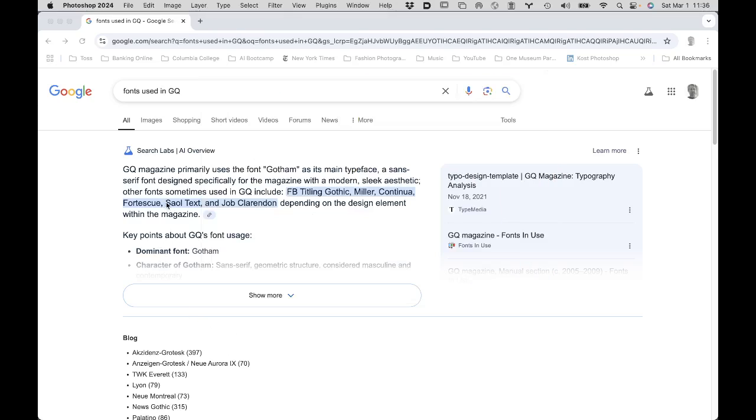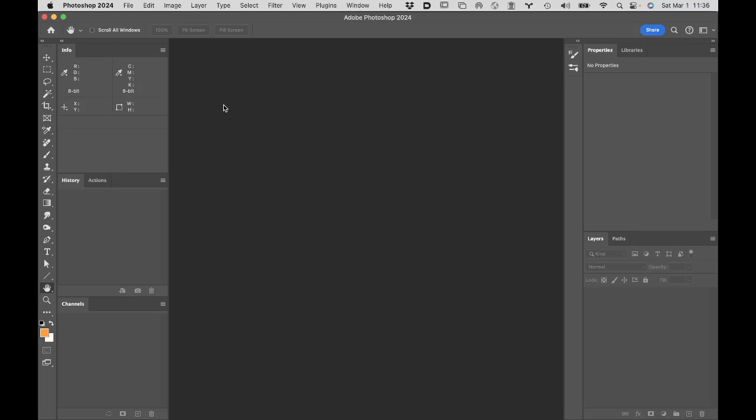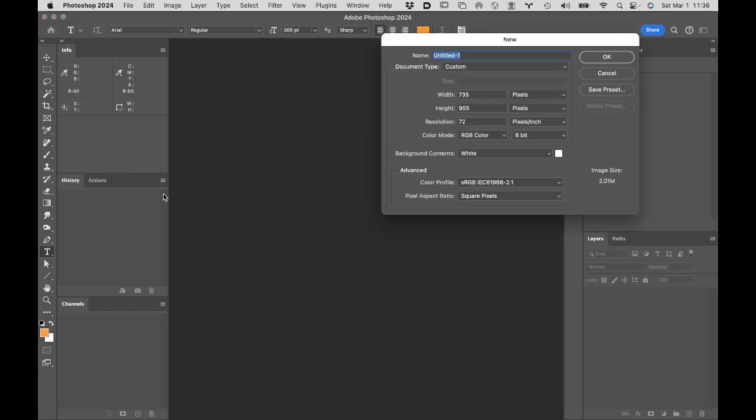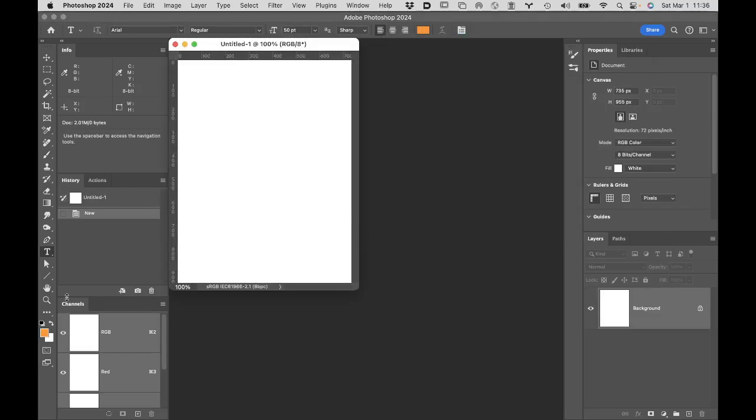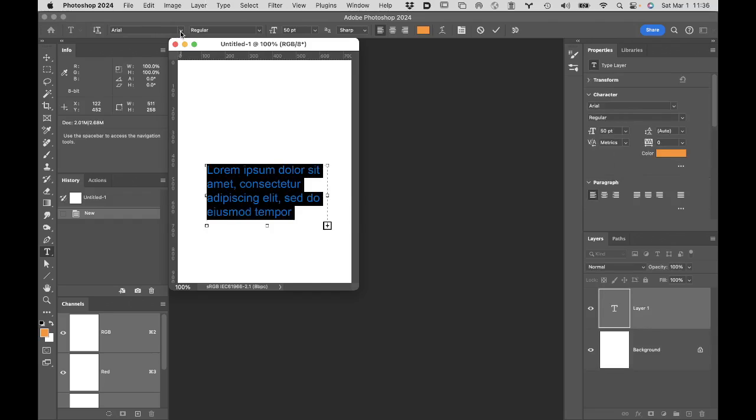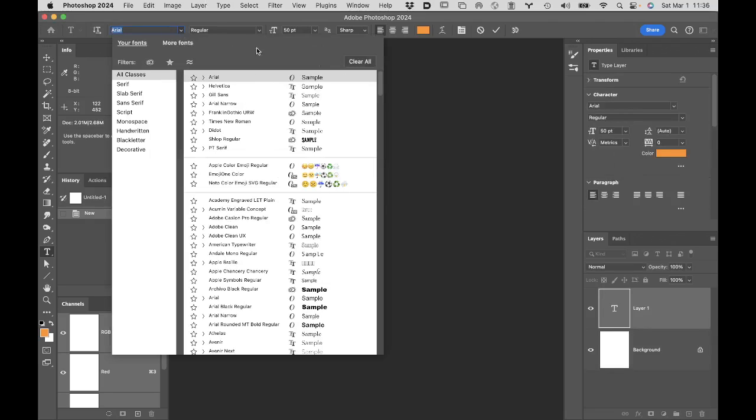So I'm going to see if they have this font, SAOL. I've never heard of it. So again, up here, if you click on the text tool, let me get a file open, or it's not going to give me the text tool. And click on the text tool and drag it out.